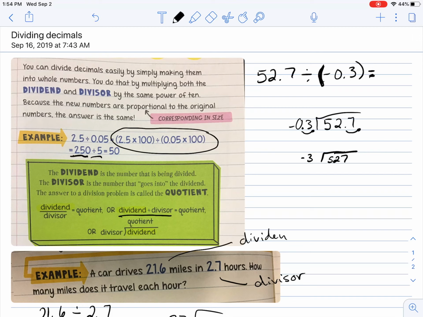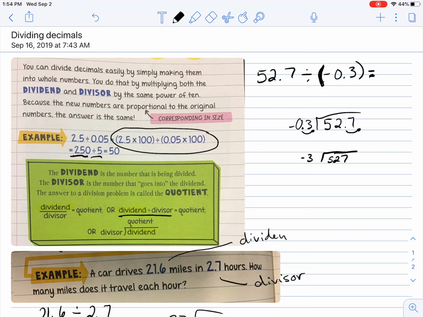In this case, we only have to move it over once. To keep everything the same, we have to move the decimal over 1 on the dividend too. So now this would be negative 3 into 527.